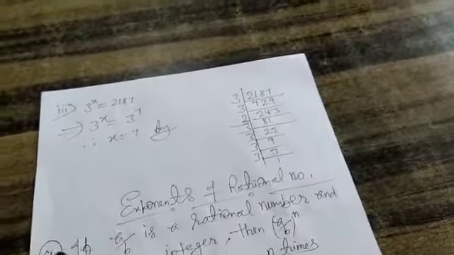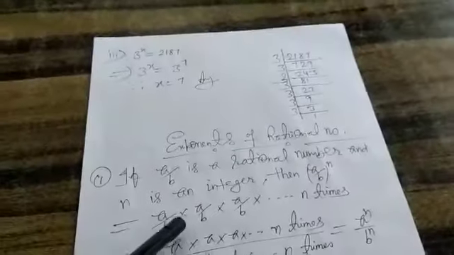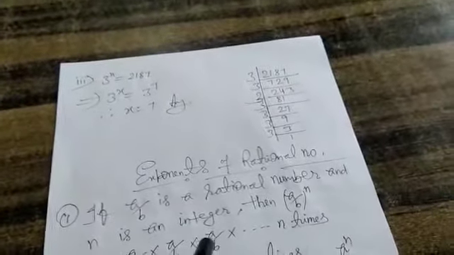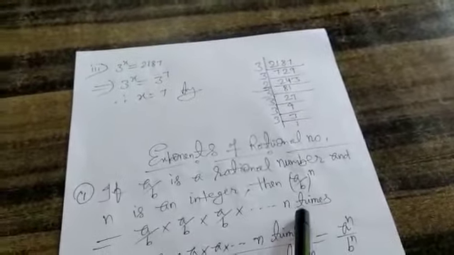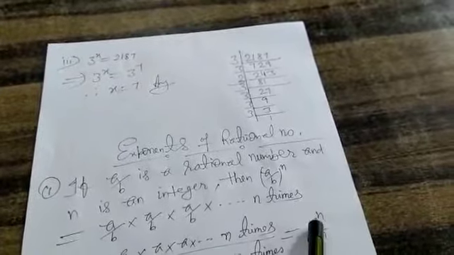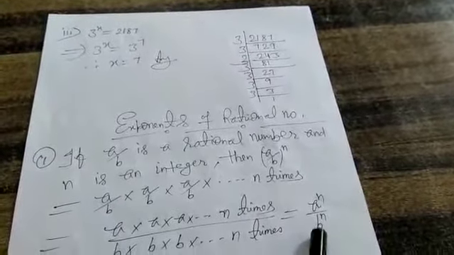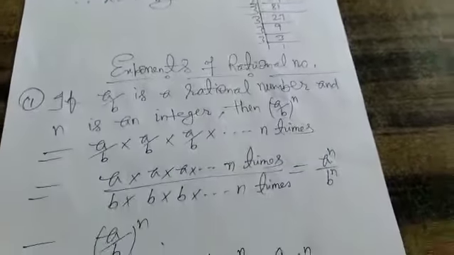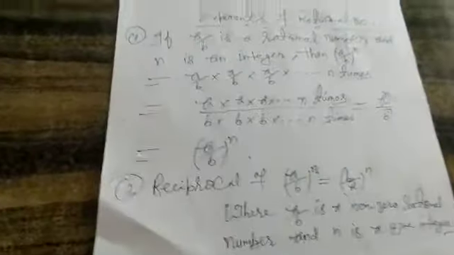So your formula is (a by b) into (a by b) into dot dot dot up to n times is equal to a to the power n by b to the power n. This is the formula which you have to use in the next exercise.